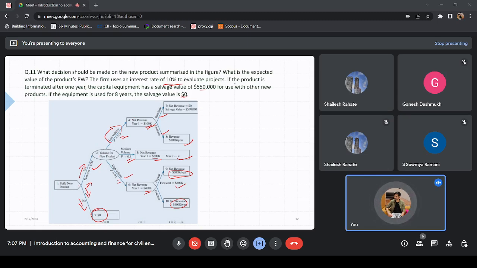So the question is, you have to calculate the expected value of the product's present worth. How many present worths can you see here? This will give you some value, this again will give you some value, and so on. From that, you bring back and compare at time t equal to 0. Now let's see the comparison for each and every node.